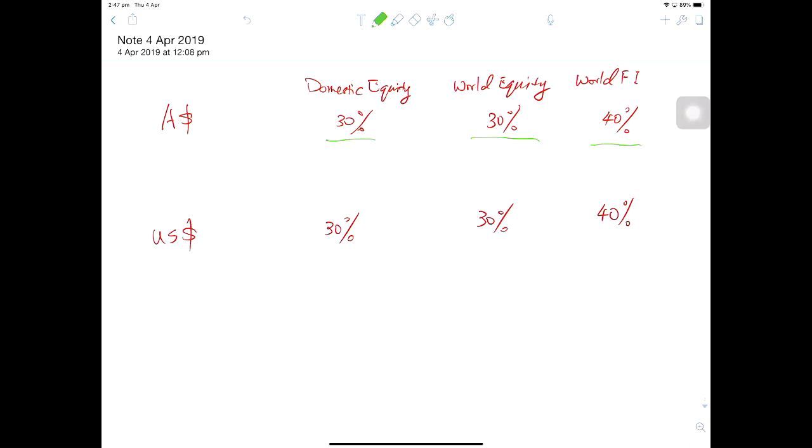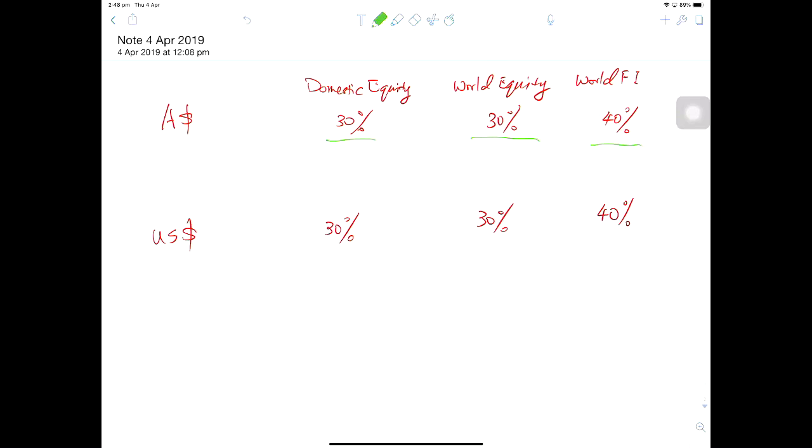So with this existing portfolio of 30% domestic equity, 30% world equity, and 40% of world fixed income, the most important driver of total portfolio variation is still the world equity index.